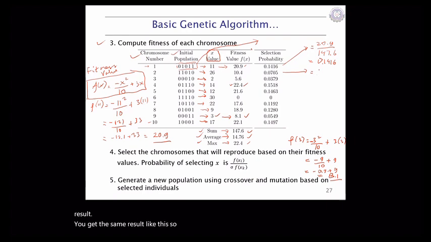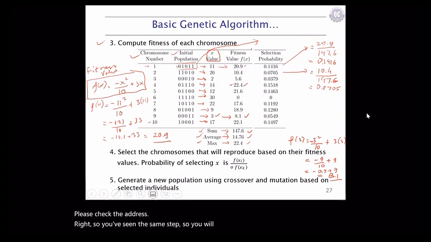So the second one, 10.4 divided by 147.6. Right, so then you will get 0.0705. Okay, please check the others.